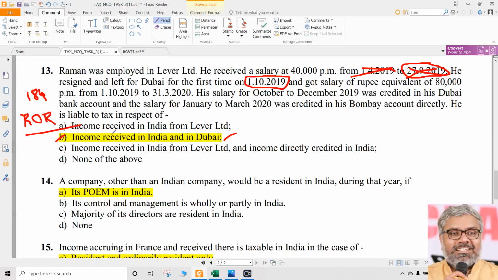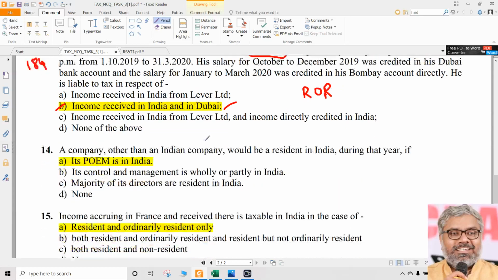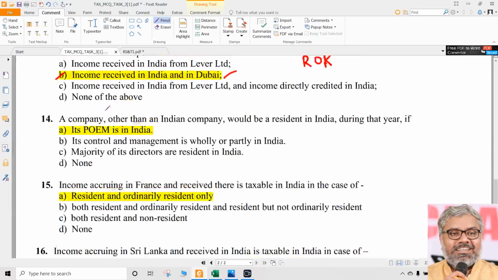That's it. That is question number 13. Where is that option? You have to check in the available alternatives. That is income received in India also and in Dubai also.